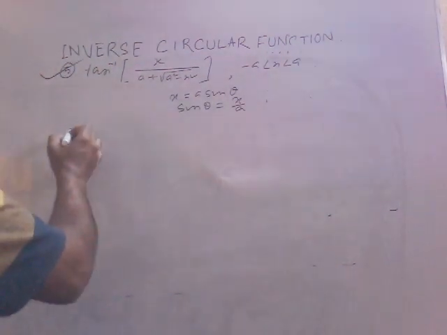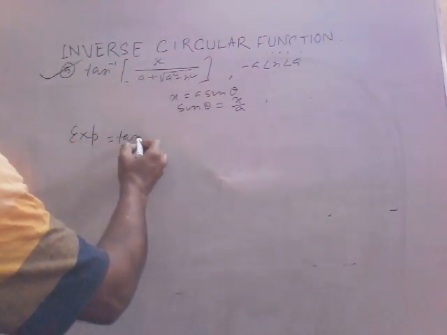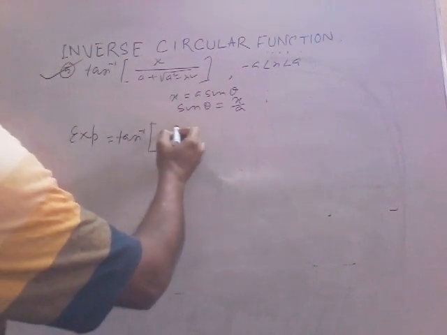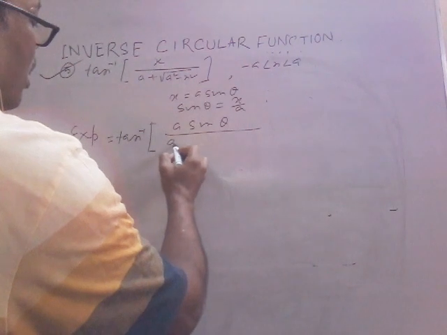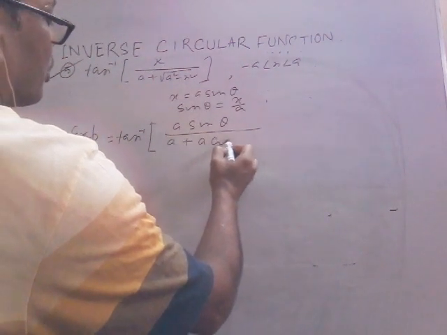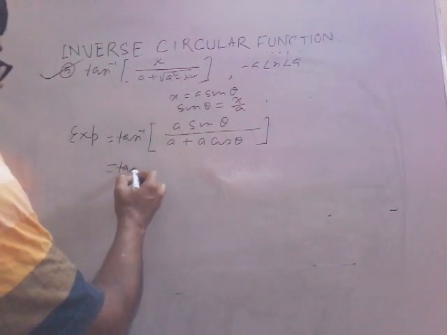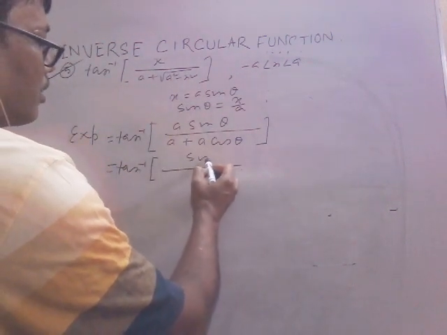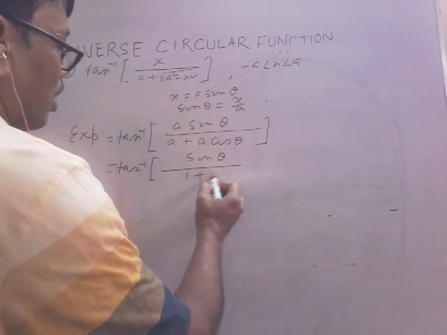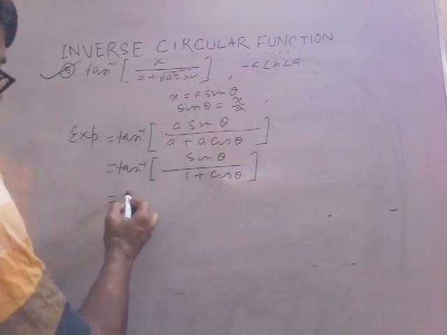Now put the value in the expression: tan inverse of a sin theta by a plus a cos theta. So tan inverse of sin theta by 1 plus cos theta.